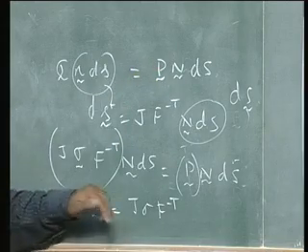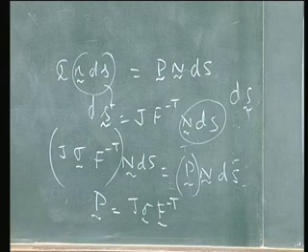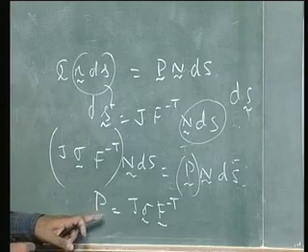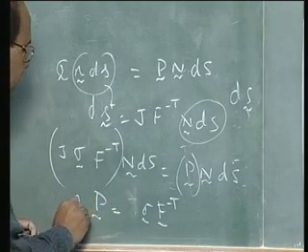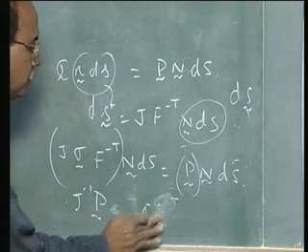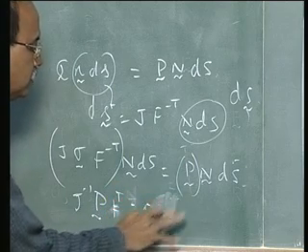So P is equal to J sigma F inverse transpose, or sigma is equal to J inverse P F transpose. We bring J to the other side so that it becomes J inverse, and F transpose is brought over, so that equals sigma.